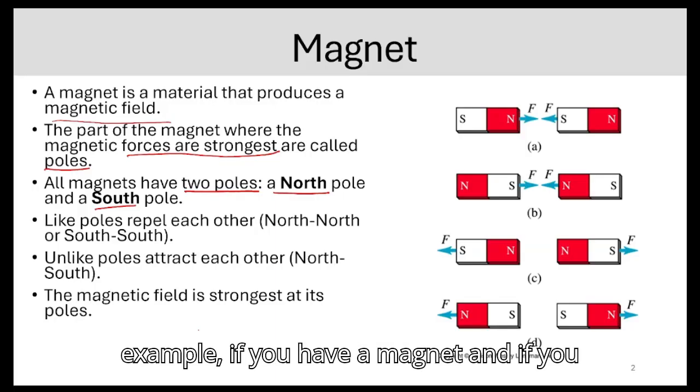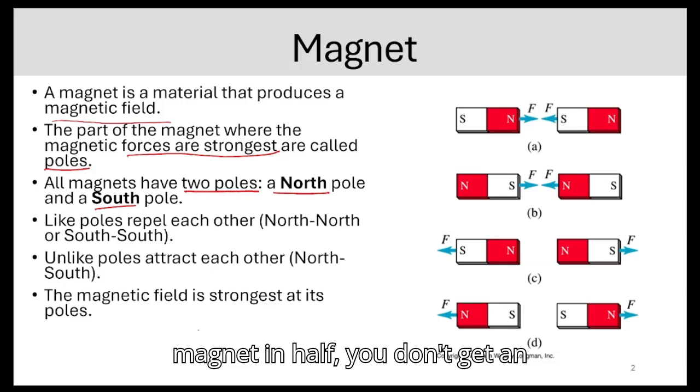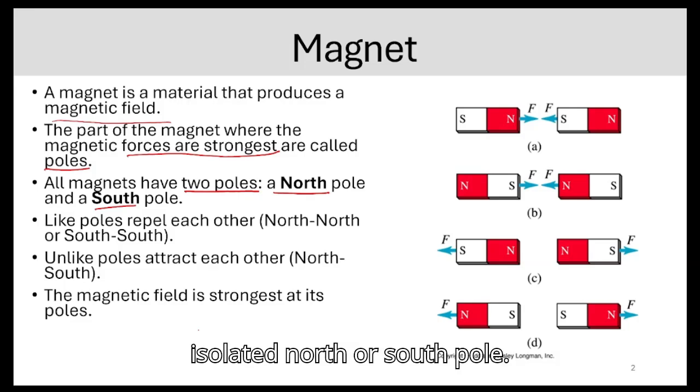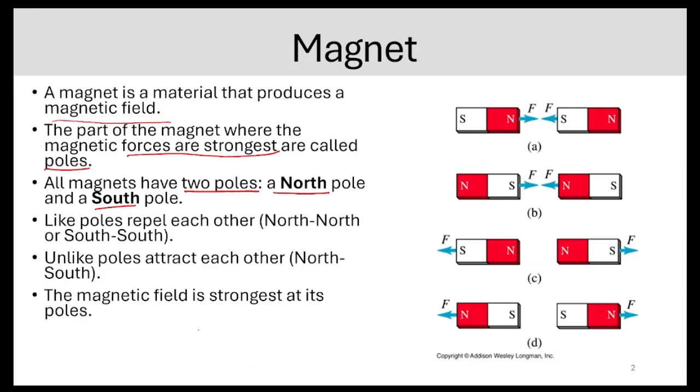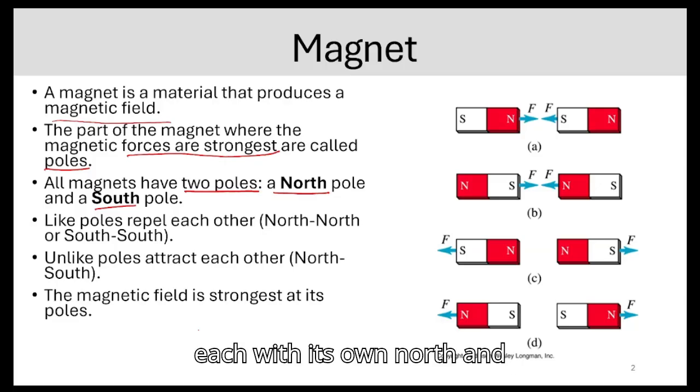For example, if you break a bar magnet in half, you don't get an isolated north or south pole. Rather, you will get two new magnets, each with its own north and south pole.